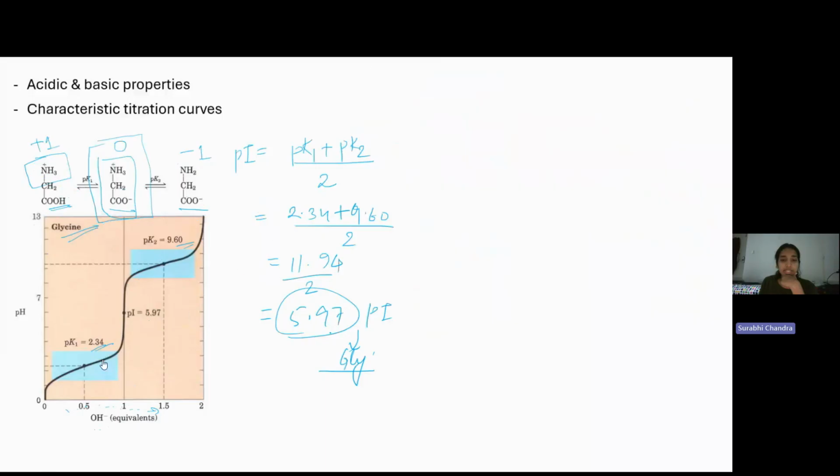In this example, it is 2.34 plus 9.60 divided by 2, which gives 5.97, which is the isoelectric point, the pH at which glycine exists as a Zwitterion or a neutrally charged molecule.